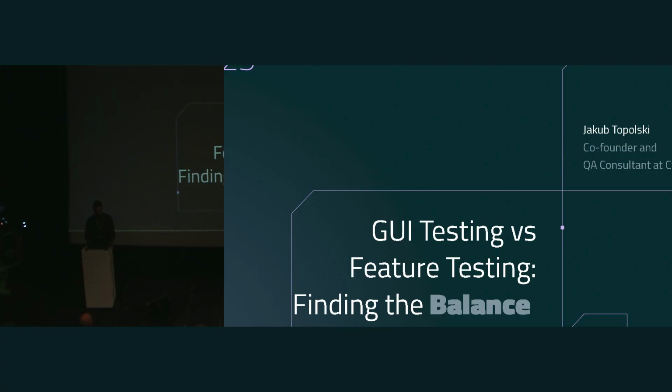But from my experience, QA engineers, when they say GUI testing, they mean functional feature testing. So they want to verify if the feature behind GUI really works, not necessarily how the GUI looks like. And this may cause some really amusing bugs. And I would like to show you some examples today.